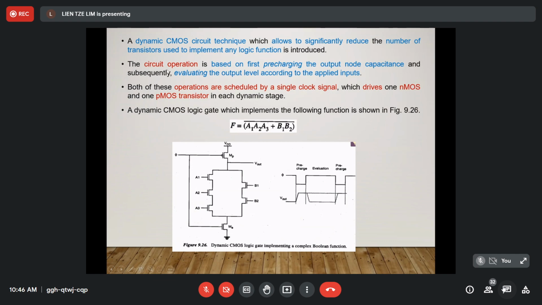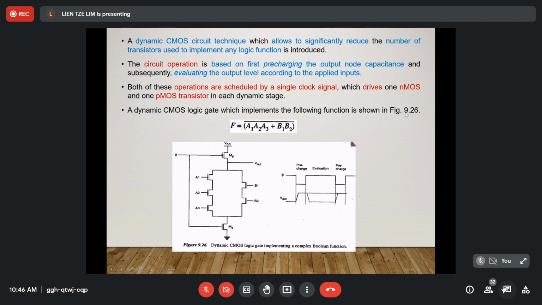The circuit operation is based on first pre-charging the output node capacitance and subsequently evaluating the output level according to the applied input. Both of these operations are scheduled by a single clock signal which drives one NMOS and one PMOS transistor in each dynamic stage. A dynamic CMOS logic gate which implements the following function is shown in figure 9.26.